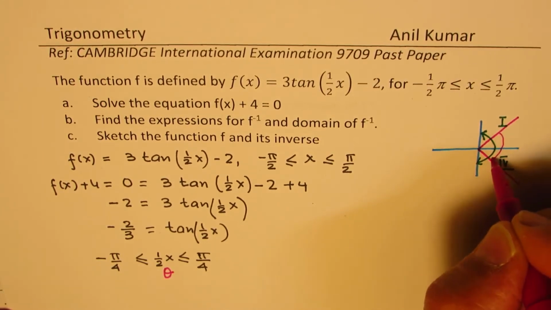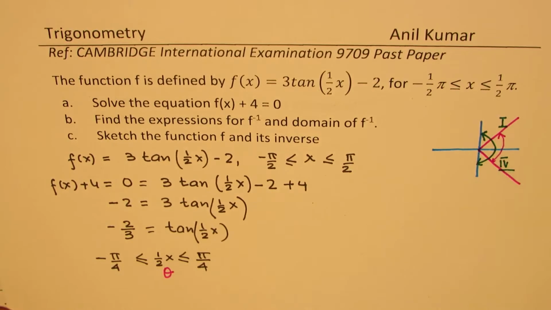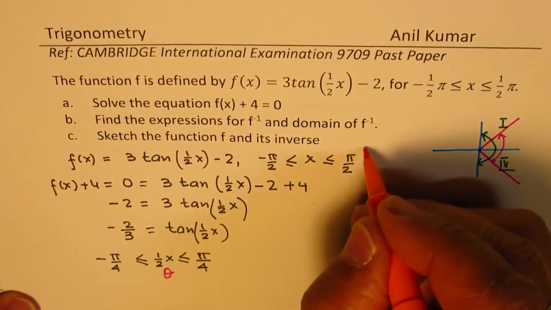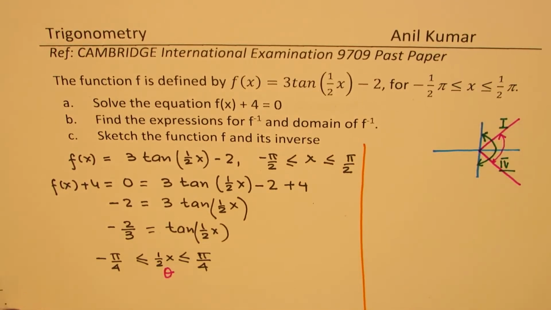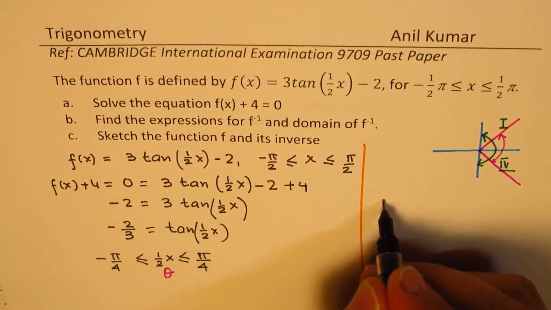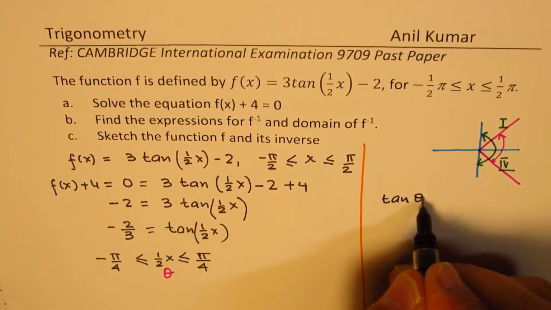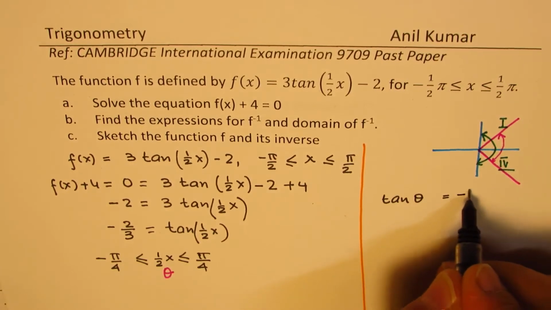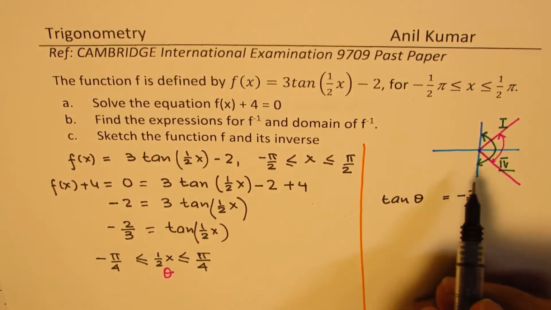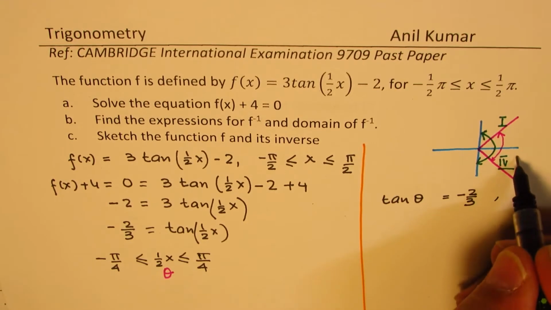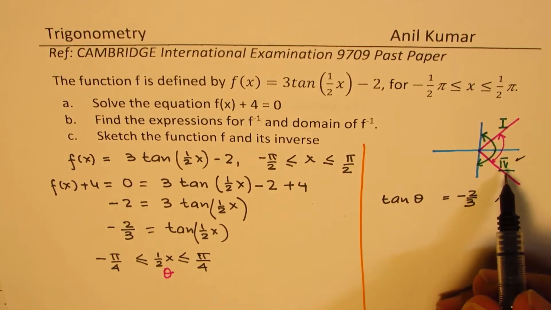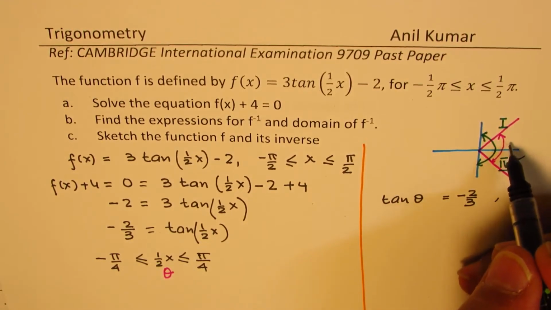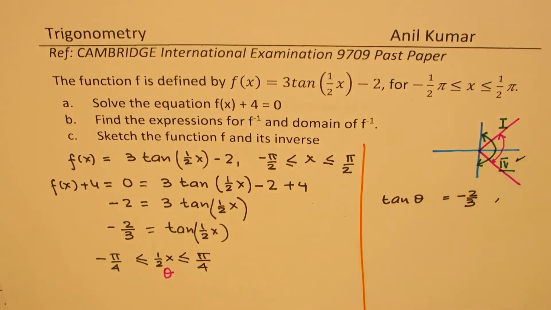So tan theta, writing theta instead of half x, is equal to minus 2 over 3. Minus 2 over 3 means we are looking for a solution in quadrant 4, so we can find alpha and then take the negative value.